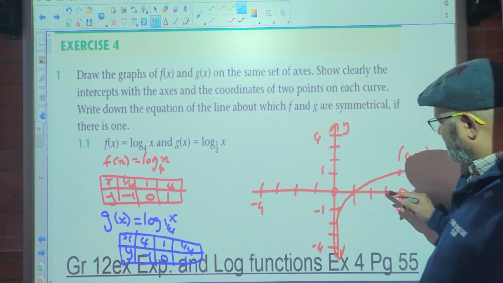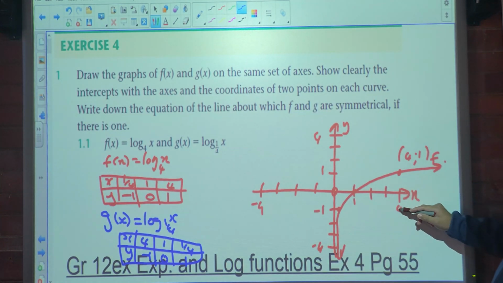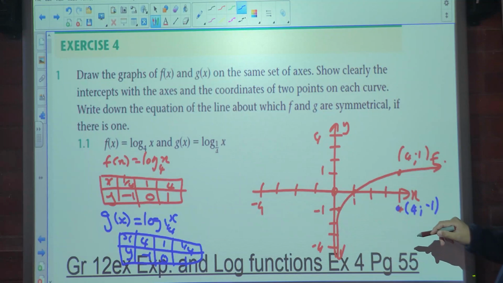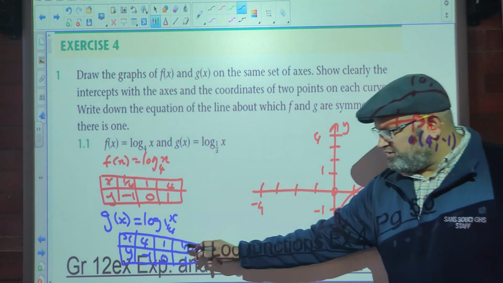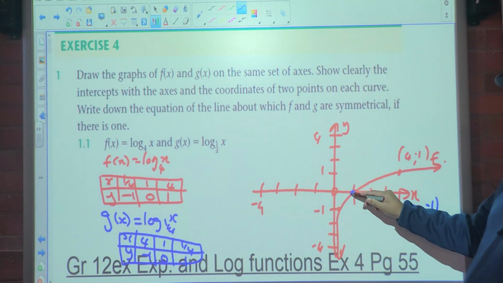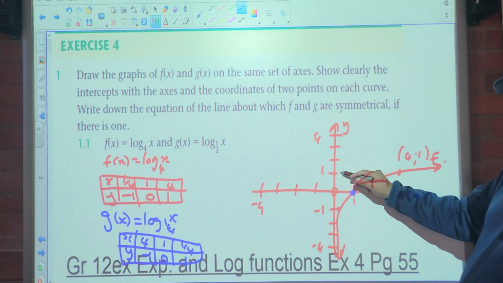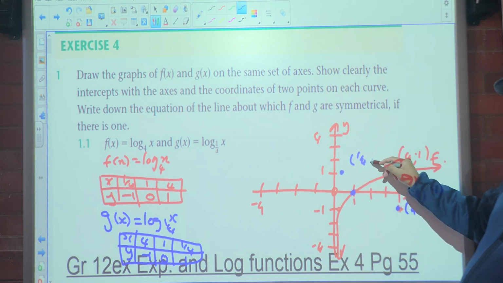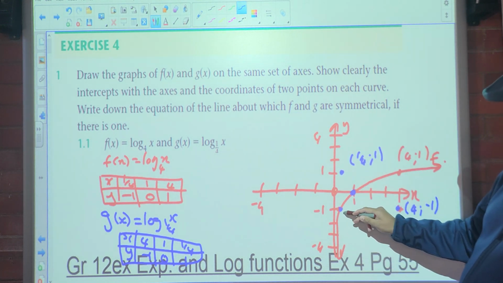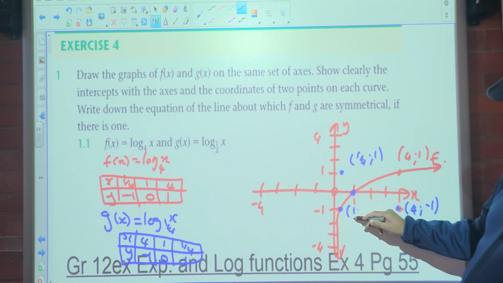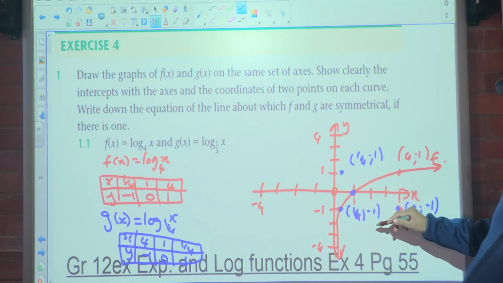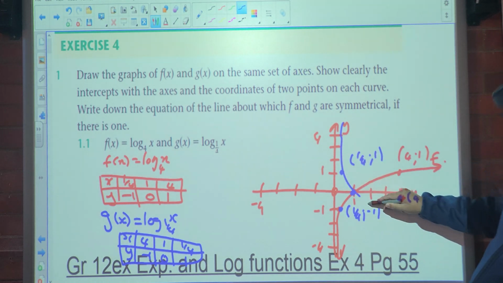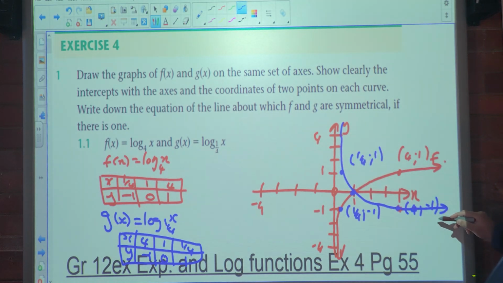So if x is 4, y is negative 1. If x is 1, y is 0. If x is a quarter, y is 1. I should have written the coordinate in there as well. It's a quarter and negative 1. So the graph comes close here, doesn't touch it. This is the g of x graph.